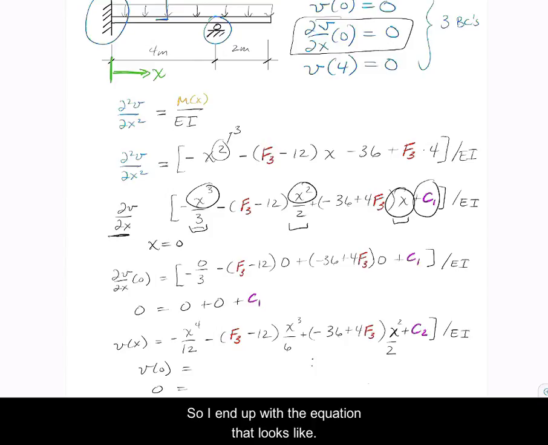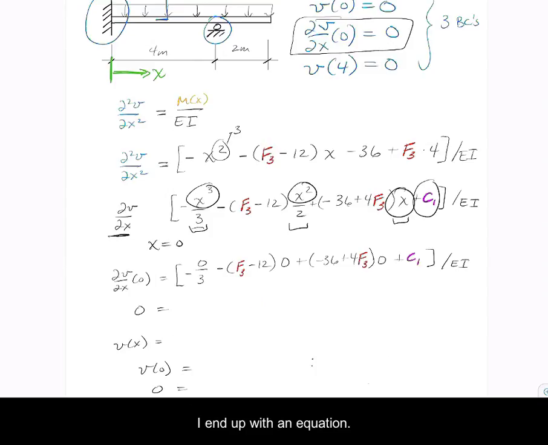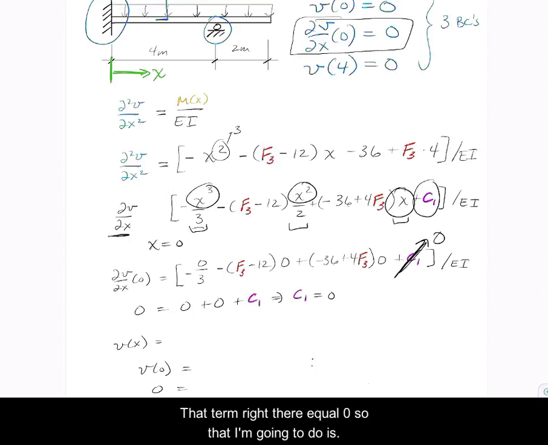So I end up with an equation that looks like 0 equals 0 plus 0 plus C1, giving me the fact that C1 equals 0. So that term right there equals 0.